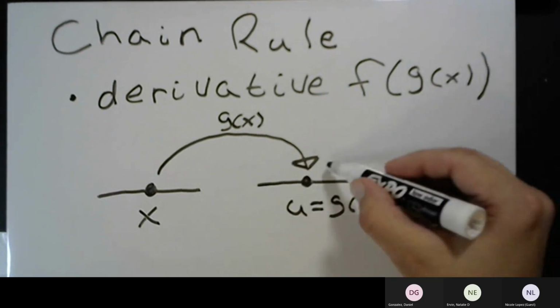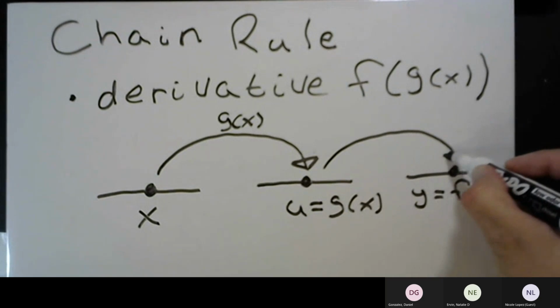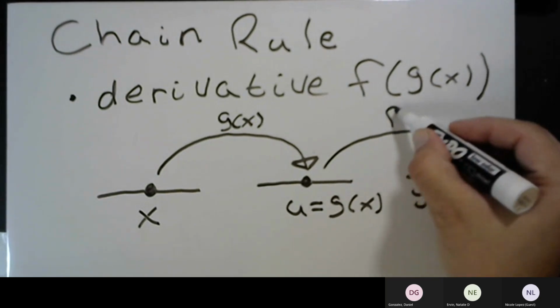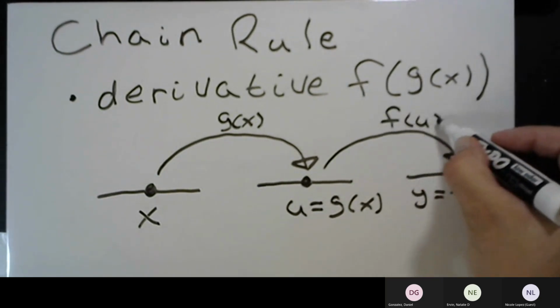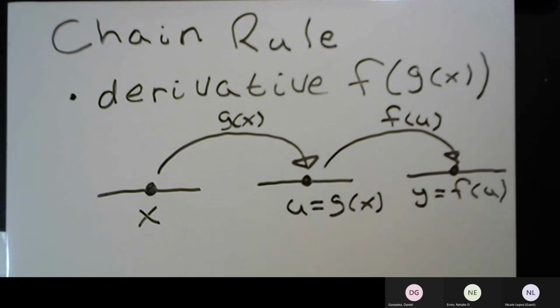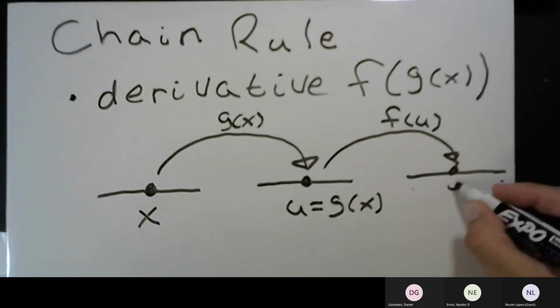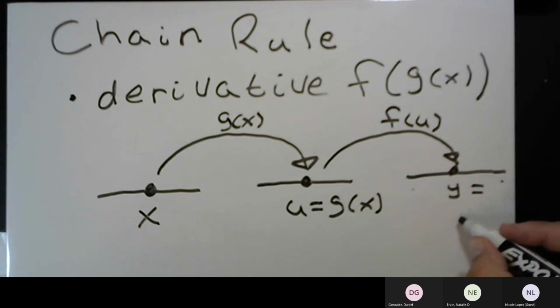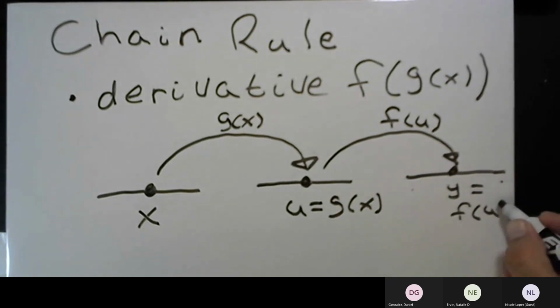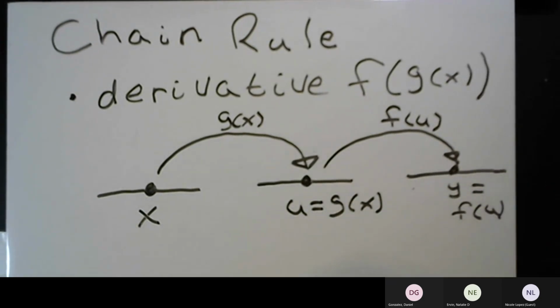Then we take u and put it into f, and that gives us a point y. Let me draw this a little differently here.